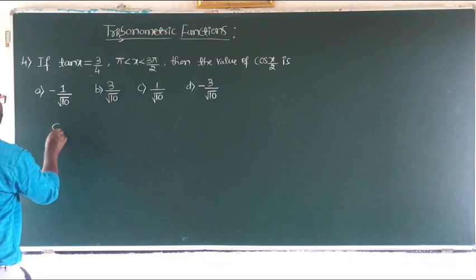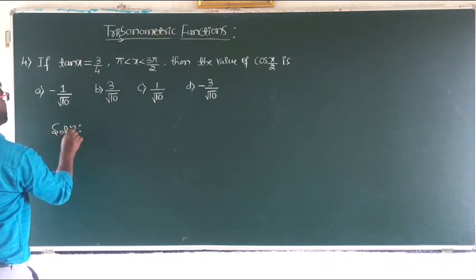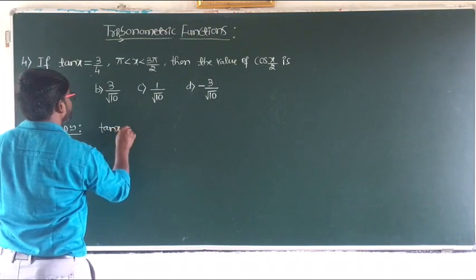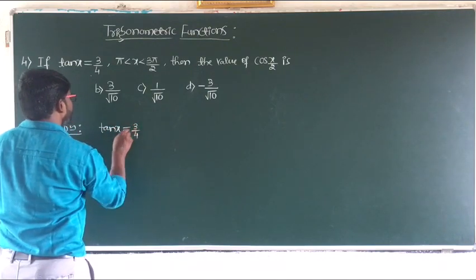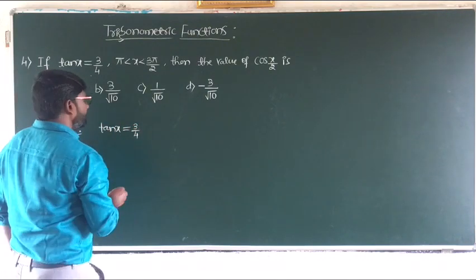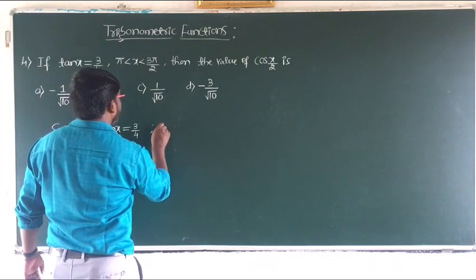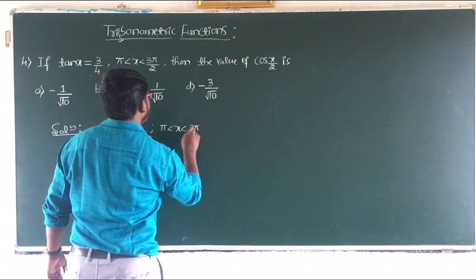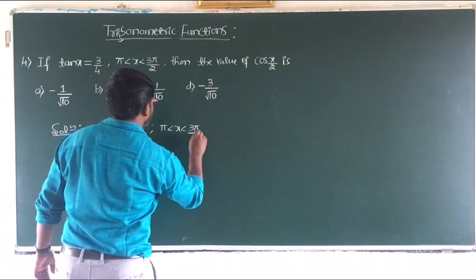See here, tan x which is equal to 3 by 4 and pi less than x less than 3 pi by 2. So I will go for the triangle now.